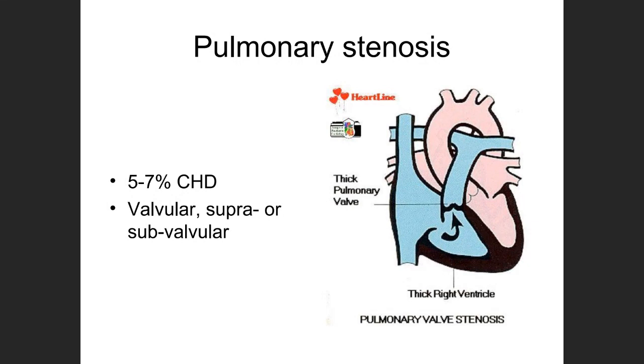Now, in pulmonary stenosis, which accounts for up to 7% of congenital heart defects, you can have narrowing just above the level of the valve, at the level of the valve, or below the level of the valve, as shown in the diagram on the right side of this slide.